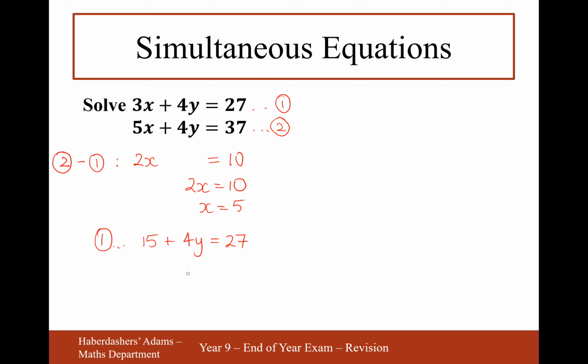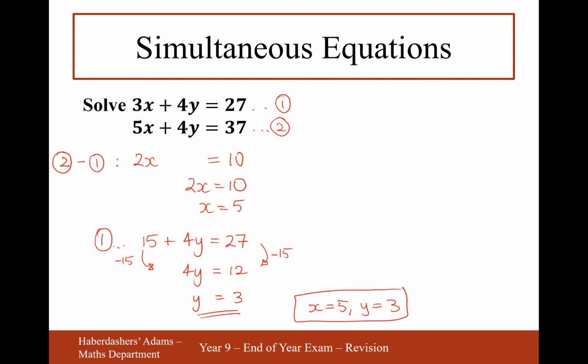I'll then take away 15 from both sides, which leaves me with 12. Then divide both sides by 4 and I get y equals 3. So there we are. Highlight the answer: x equals 5, y equals 3. And that's the answer to this question.